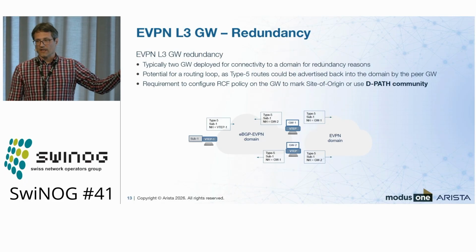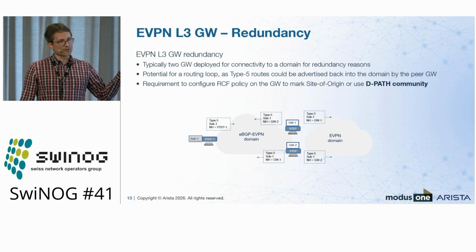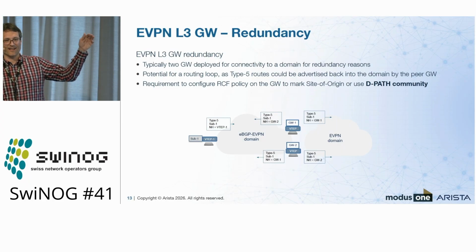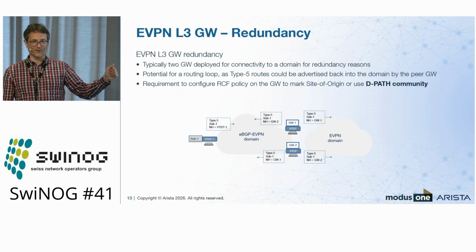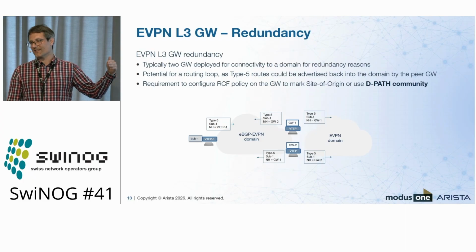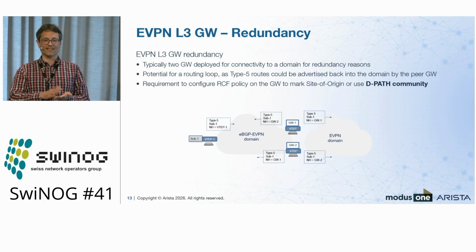They set the next hop to their own address. Now, an issue could arise if gateway 2 receives the updates of gateway 1 for the same prefix, and then decides, oh, I have another path. Maybe let's even do ECMP directly to the remote end, but also to gateway 1. That would certainly not be ideal.